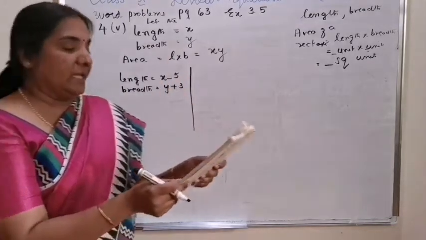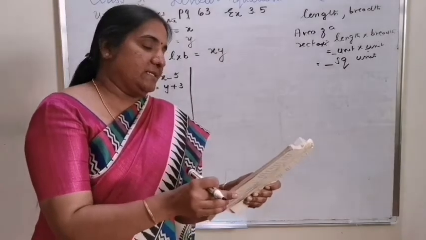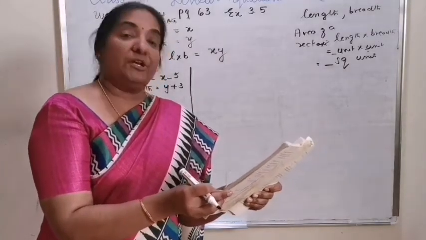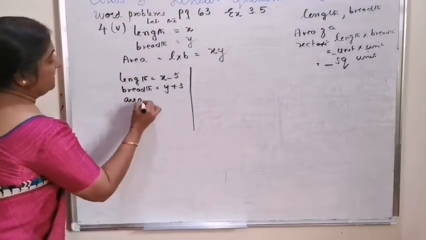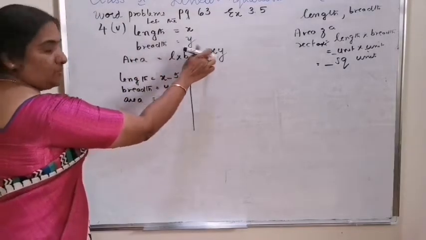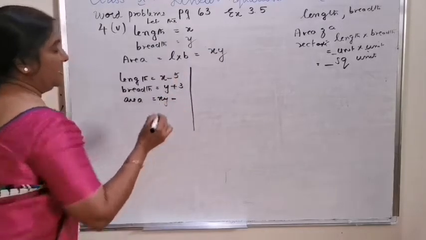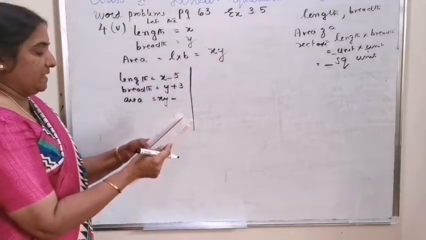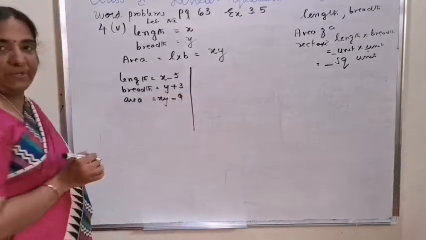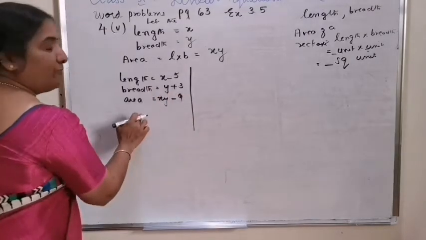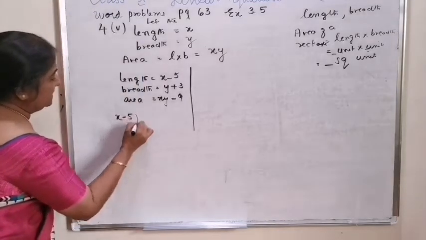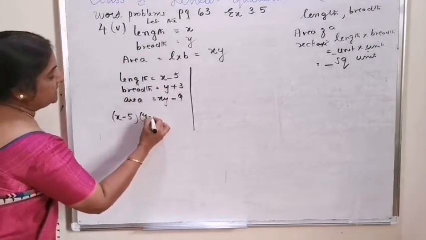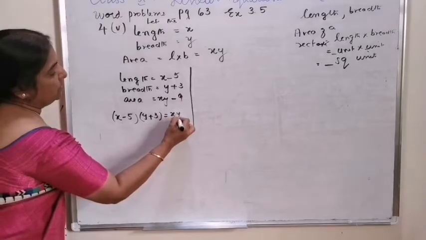What's happening to the area? The area of the rectangle gets reduced by 9 square units. So the original area was xy, and from there it got reduced by 9 square units. So how do you form an equation? Length into breadth is equal to area.